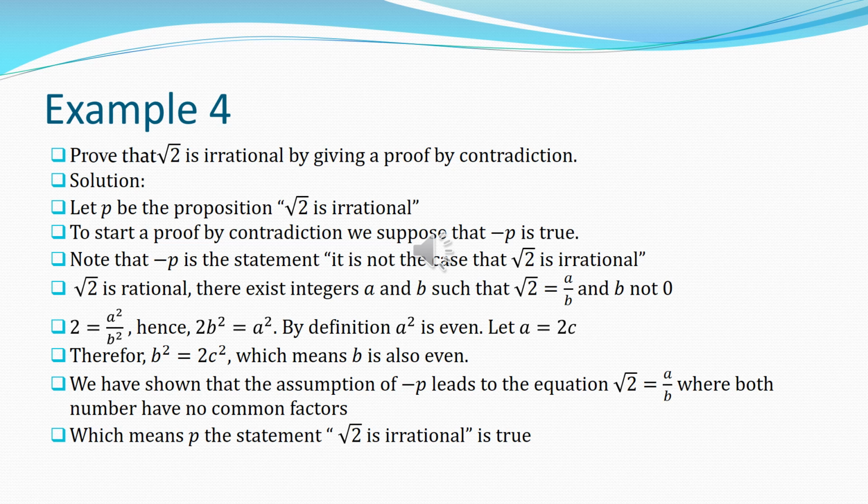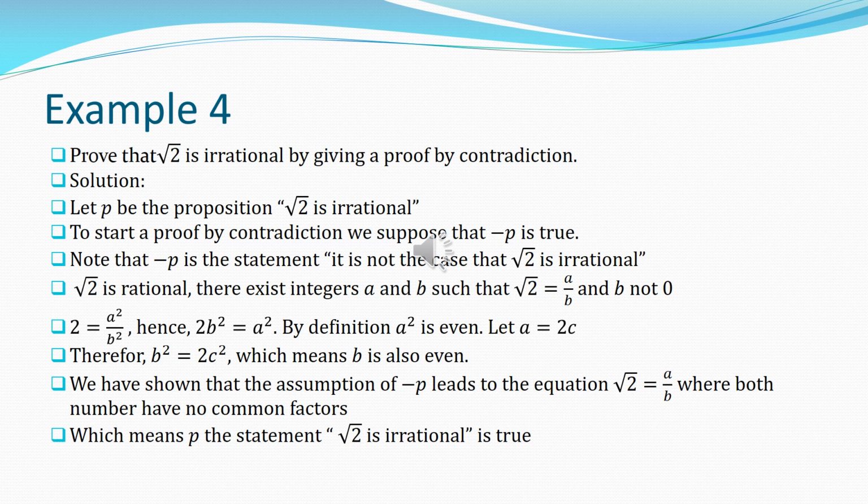Example 4. Prove that the square root of 2 is irrational by giving a proof by contradiction. Solution. Let p be the proposition: square root of 2 is irrational. To start a proof by contradiction, we assume that negative p is true.